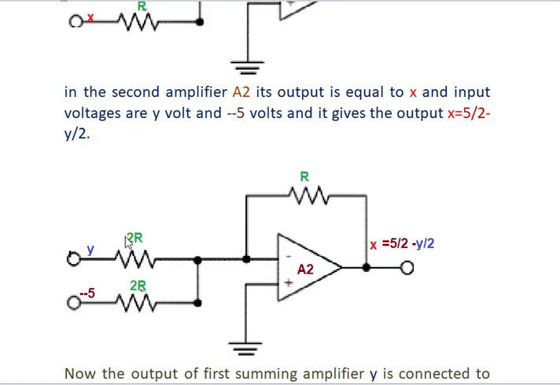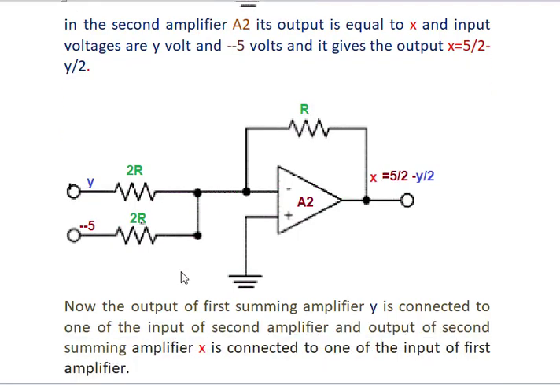Due to this 2 times the resistance, we get Y by 2 and 5 by 2. So the input voltages Y and minus 5 are applied here. This second summing amplifier gives the output X equal to 5 by 2 minus Y by 2, depending upon the ratio of the feedback resistor and the input resistor.